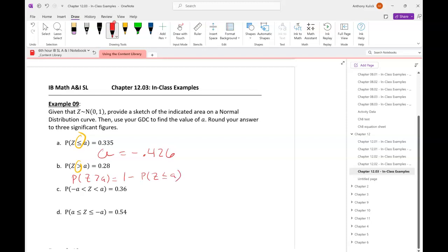Right? Everybody's okay with that? If I take the greater than, I can just write it as 1 minus less than or equal to.